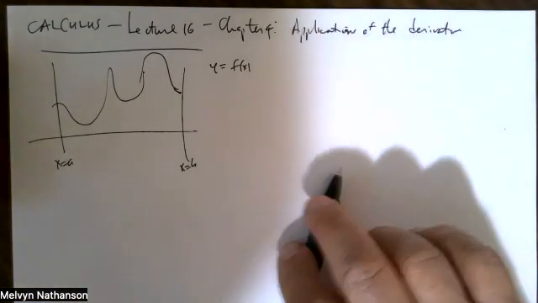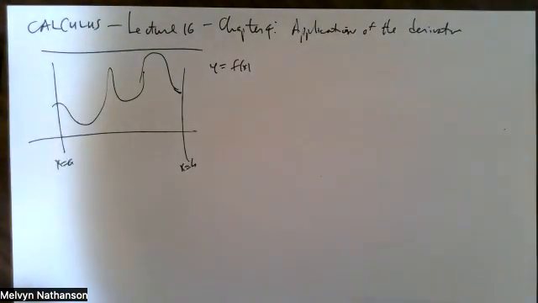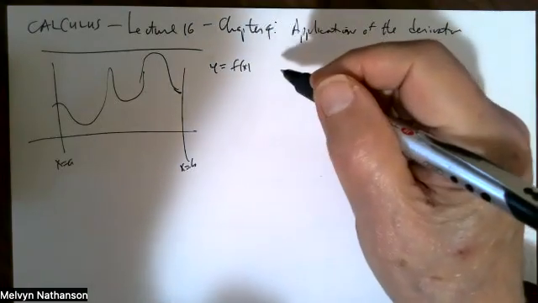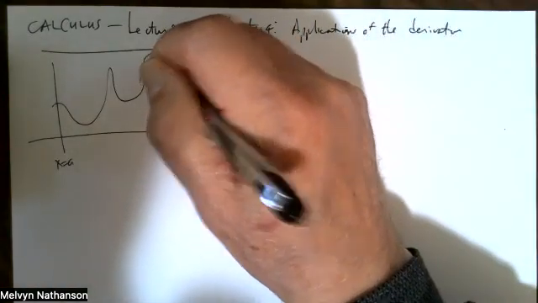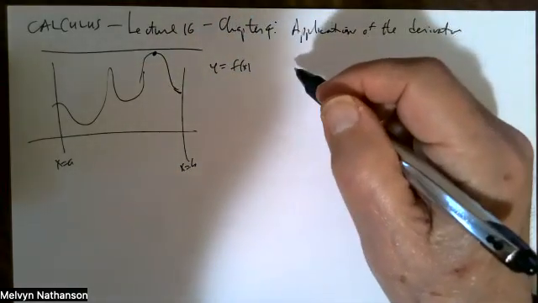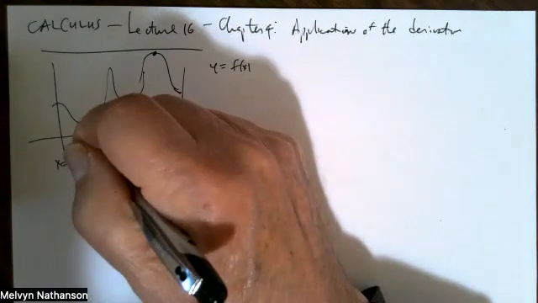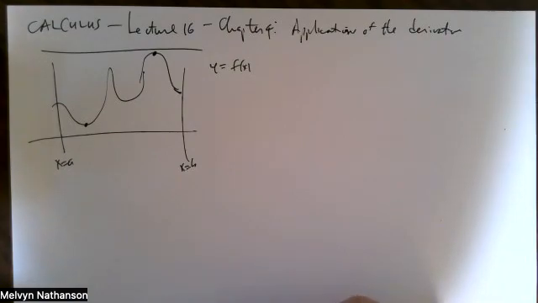And we're interested in two kinds of points on the graph of a function. Like this is called an absolute maximum. A point like this is called an absolute minimum.